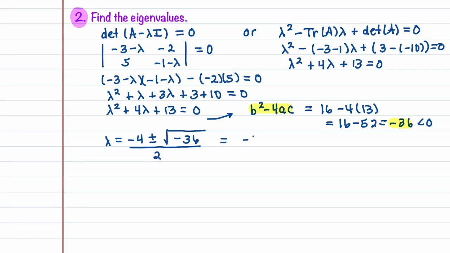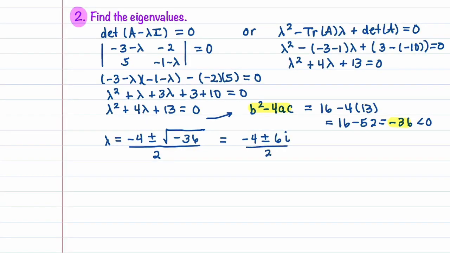This gives us minus 4 plus or minus 6i, all divided by 2, so we get that lambda is minus 2 plus or minus 3i. We'll highlight that because those are our eigenvalues. And let's just make a note that we have complex eigenvalues. That's going to tell us the form of our general solution.